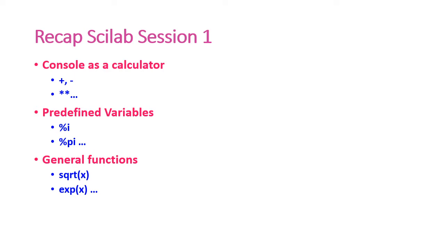As a calculator, you can use all basic arithmetic operations: plus, minus, power, division, multiplication, etc. We have seen some predefined variables to start with: percentage i for your imaginary part and percentage pi for your pi, etc. And we have seen some general functions such as sqrt of x to find the square root of x and exp of x to identify the exponential value of x.